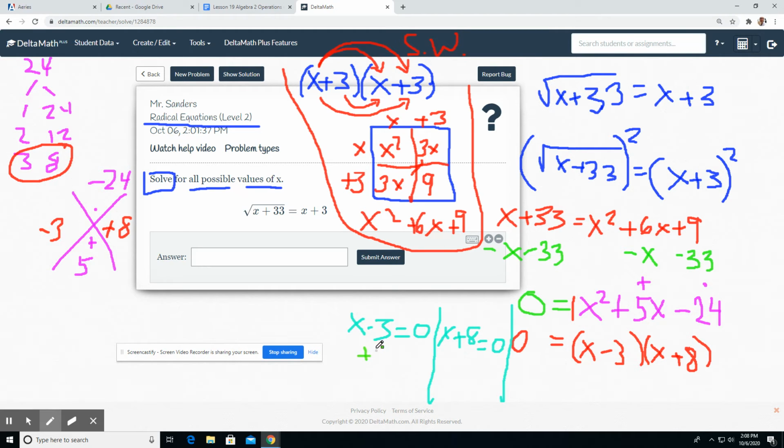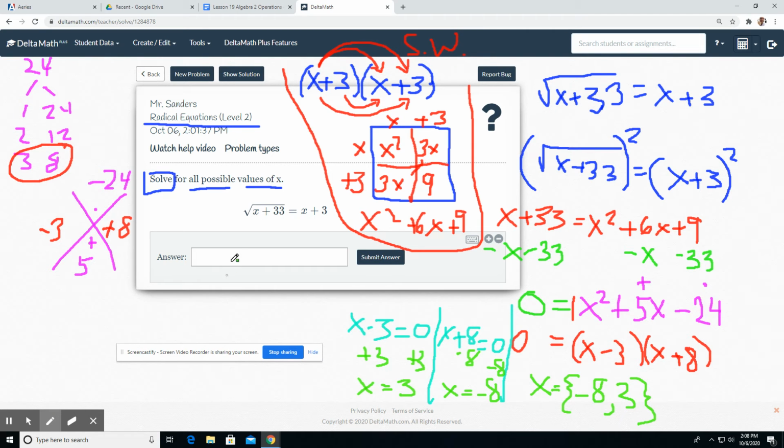So add 3, x equals 3. And notice if you plug 3 in here, that zeroes it out. Minus 8, x equals negative 8. So I have two solutions for x. I like to go in order if I can: negative 8, and 3.